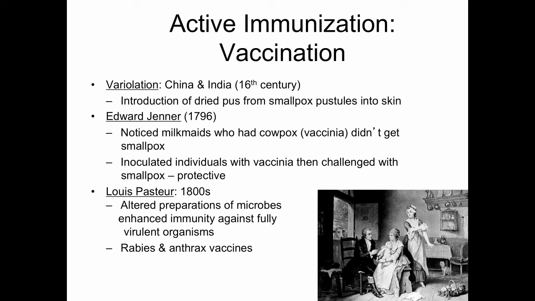And so what he did was purposefully inoculate individuals with cowpox and then challenge them with smallpox, and found that they had developed a protective immune response that protected them against smallpox infection.